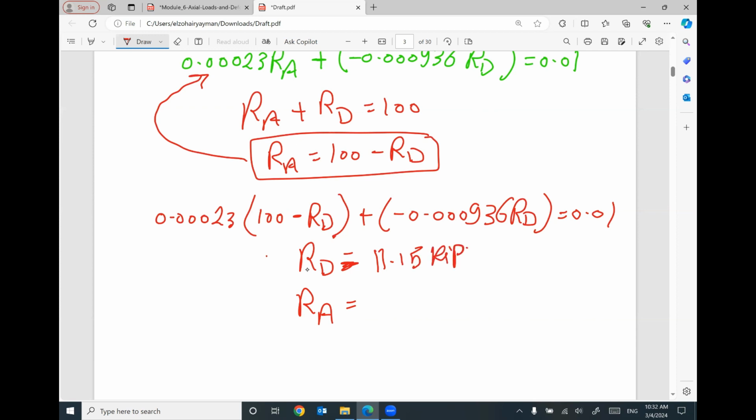If you subtract this RD from 100, the reaction at A will be 88.85 kip.